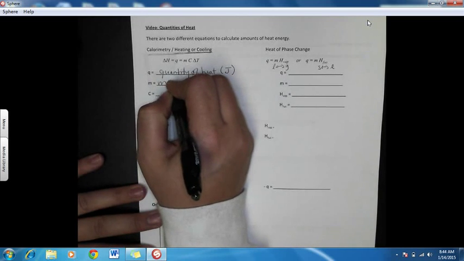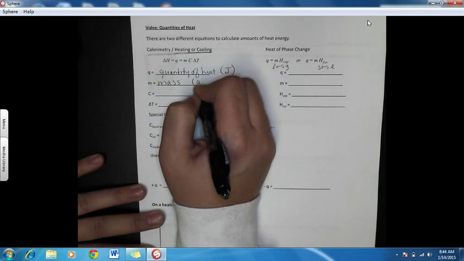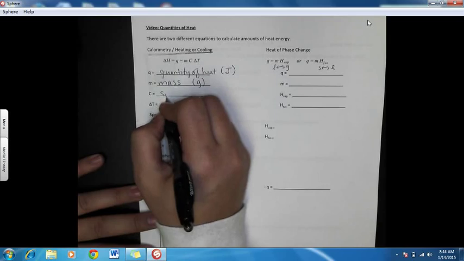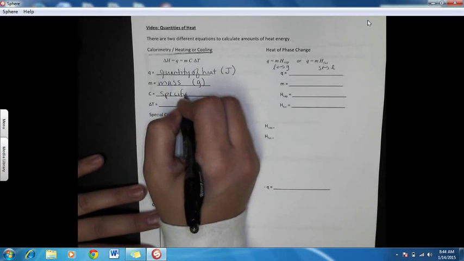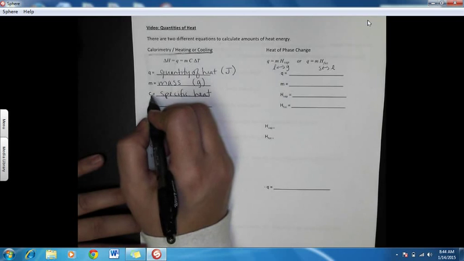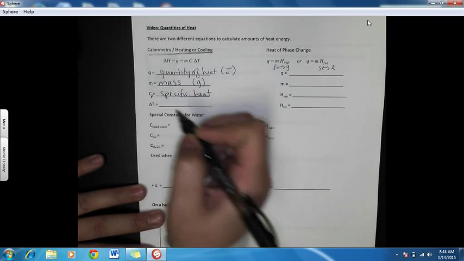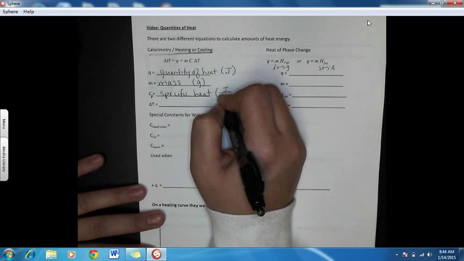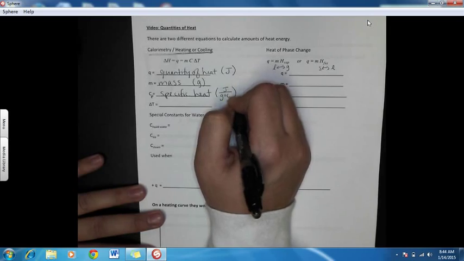M represents mass, and we measure mass in this case in grams. C is the specific heat. You will sometimes see specific heat written as C or sometimes as CP, like a subscript P. And the units for that are joules per gram degree Celsius.